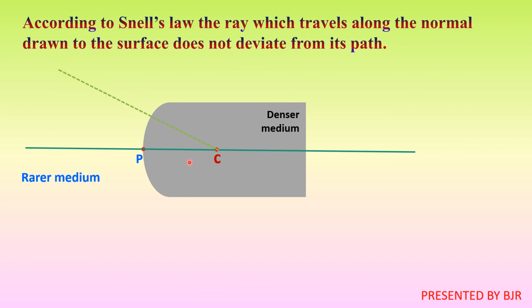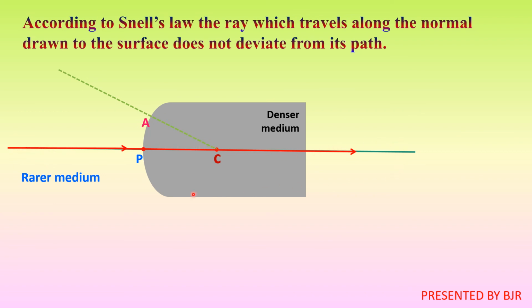See here. First I am drawing like this. This is the incident ray and this is the refracted ray. This ray hasn't bent. It does not get deviated because it is traveling along the normal only.